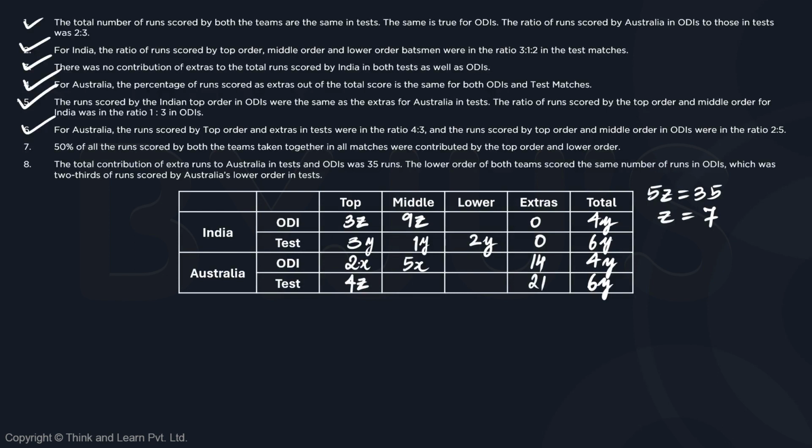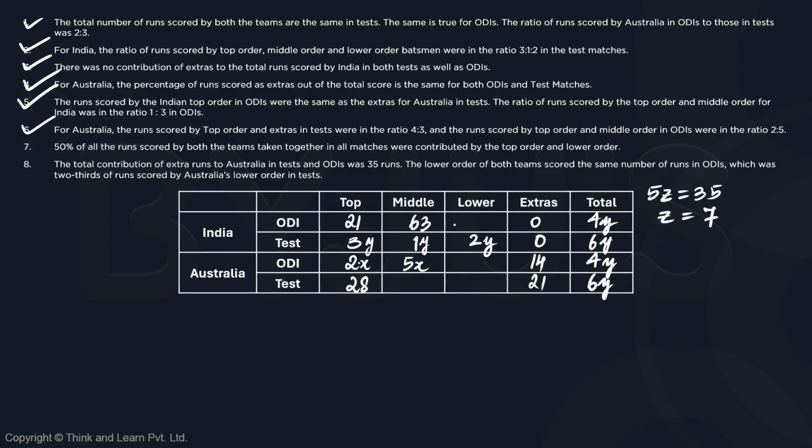Now, if Z is equal to 7, that will make 3Z over here as 21. 9Z will become 9 into 7, which is 63. 4Z here will become 4 into 7, which is 28. We do not have any more Z over here.